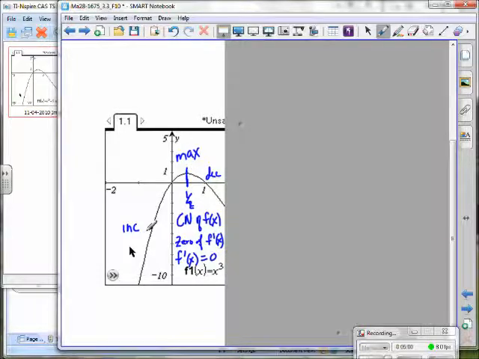Now, the fact that the derivative is equal to 0 tells us what about the function, or about the graph? The slope of the line tangent to the curve at that point is 0, so a line that's 0, of course, is a horizontal tangent line. Okay, good. So let's go back to this. We say that the function is increasing.